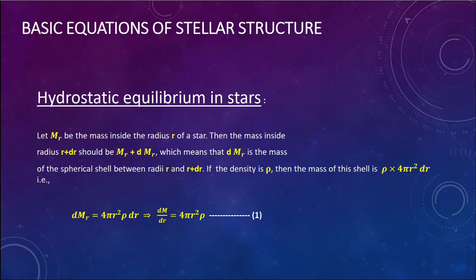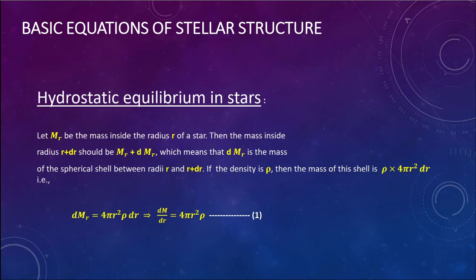There is a little bit of derivation here. For that, first let M(r) be the mass inside the radius r of a star, and the mass inside the radius r plus dr, where dr is an elementary length, should be M(r) plus dM(r).